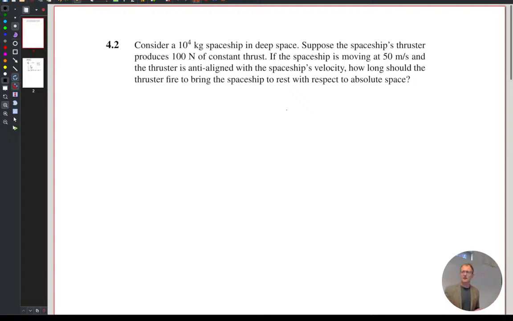So there's something changing. We could say our initial velocity is 50 meters per second, right? We could start with that. What's our final velocity? 0. So we want to say that VF is 0.